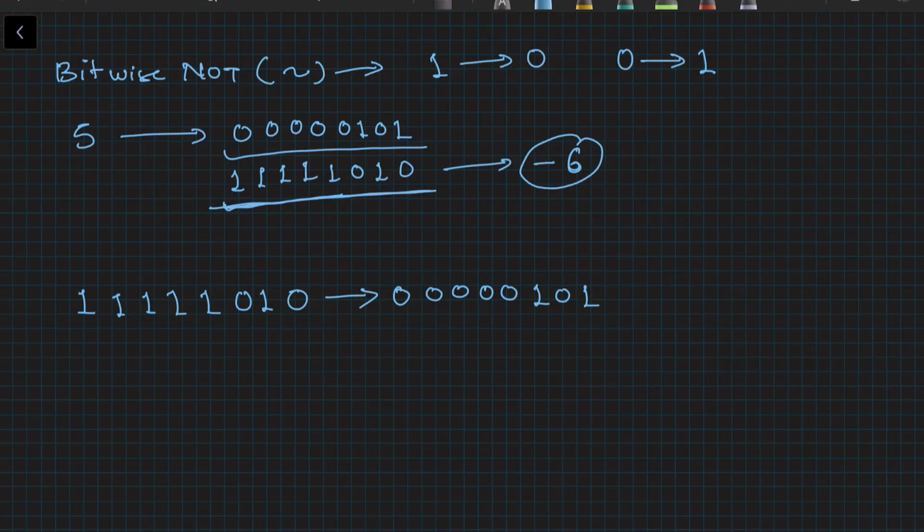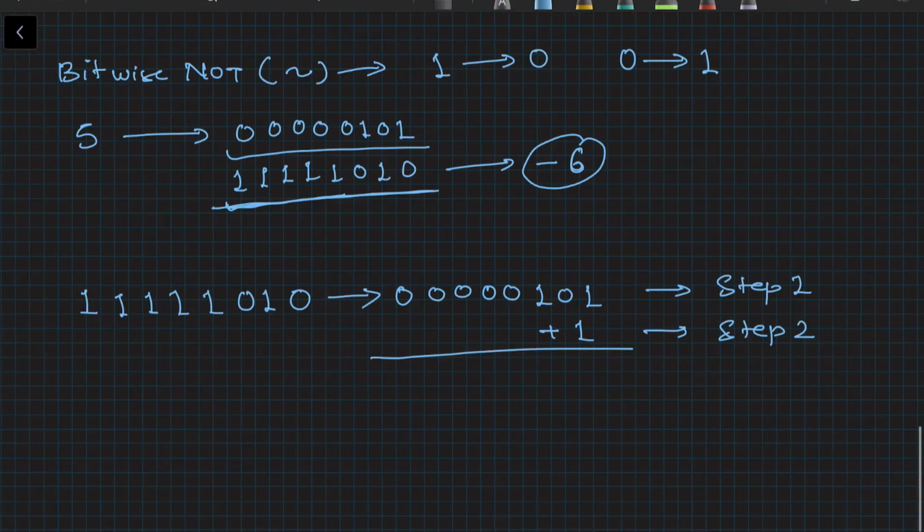This is step 1 of 2's complement. Now the second step is to add 1 here. If we add 1 here, 1 plus 1 will be 0 with carry 1, here it is 1 and 1, and the remaining will be 0 as it is.